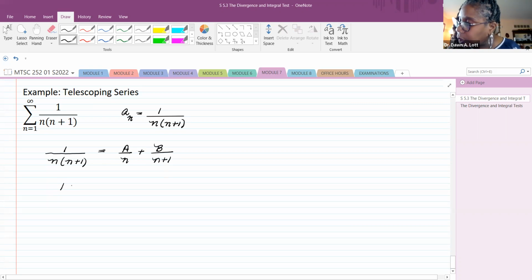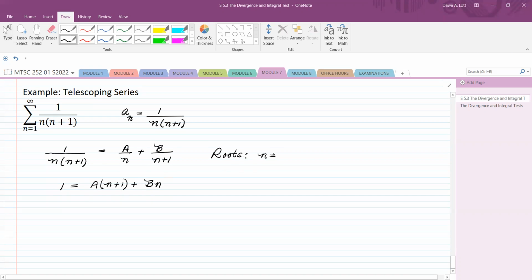My equation is 1 equals A times n plus 1 plus B times n. My roots are what, Peyton? n equal to -1, and 0. Okay.